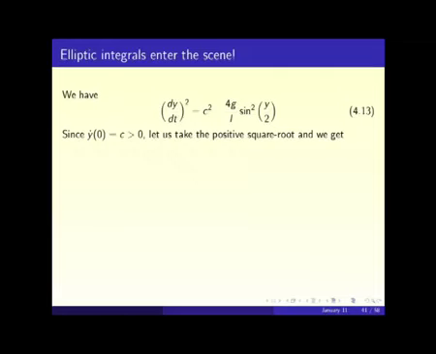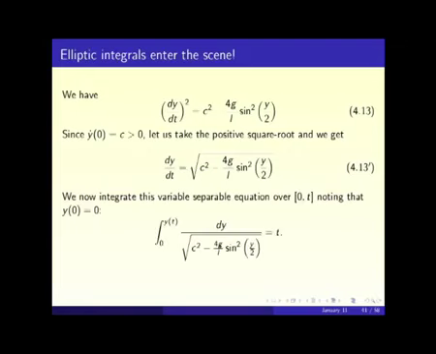Let us take the positive square root of 4.13 on both sides and we get dy by dt equals square root of c squared minus 4g by L sine squared y by 2, which has been called 4.13 prime. 4.13 prime is a variable separable equation and we proceed in the usual way.